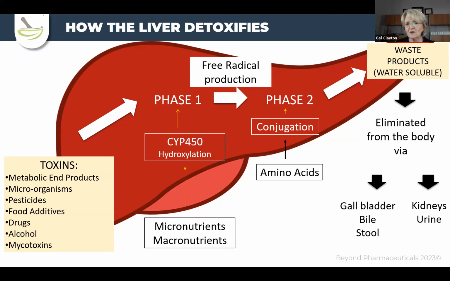So in phase one, we use a lot of micronutrients and macronutrients, and I'll talk about those in a minute. But then phase two, that's where we're attaching the amino acids, and now we have a water soluble waste product, and it's really easy to get rid of the toxins when it's water soluble.